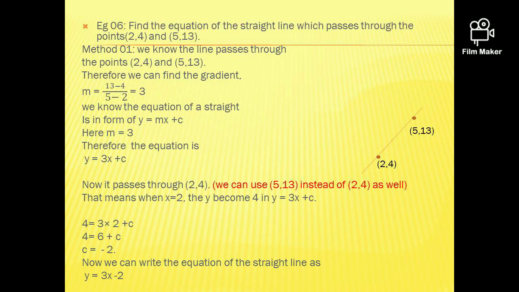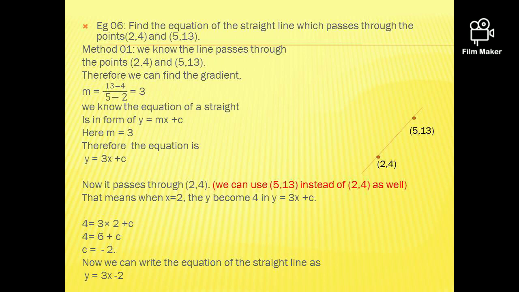Okay children, this question asks us to find the equation of the straight line which passes through the points 2, 4 and 5, 13. Then mark a straight line and mark those two coordinates. That would be easier for you to understand this question. Initially, let's try to find the gradient of the straight line. I will consider x1, y1 as 5, 13 and x2, y2 as 2, 4.